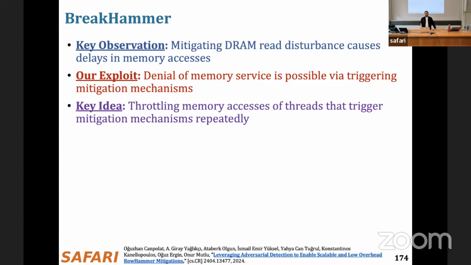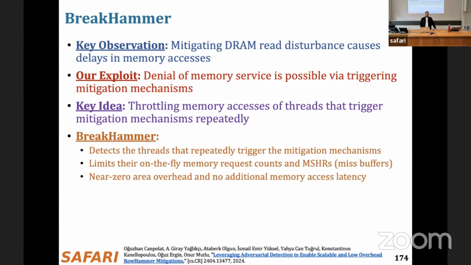Our key idea is to throttle the memory access patterns of the hardware threads that keep triggering these maintenance operations. To do so, we propose a new mechanism that detects the threads that repeatedly trigger these maintenance operations and limits their on-the-fly memory requests by limiting the cache miss buffers that they use.